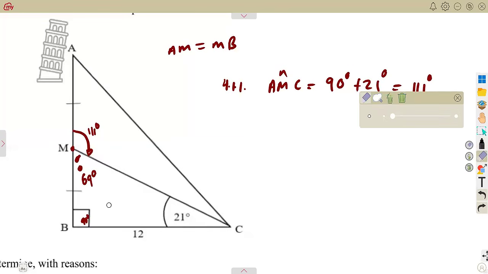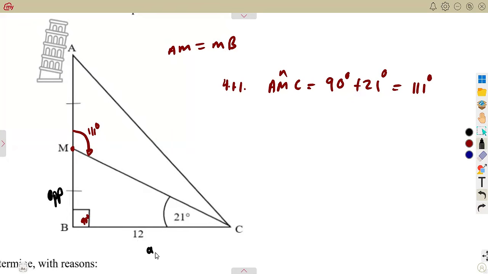In this case, I'm going to focus on the 21 degrees that we are already given. According to 21 degrees, MB is the opposite and BC is our adjacent. Which ratio uses opposite and adjacent at the same time? From our SOHCAHTOA concept, opposite, adjacent, tan.